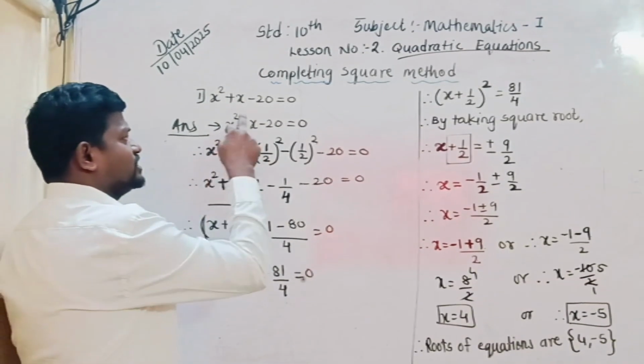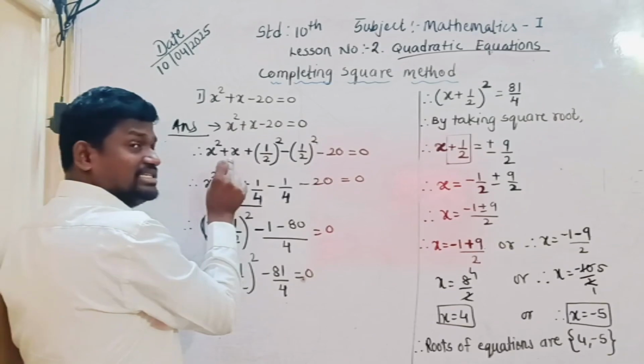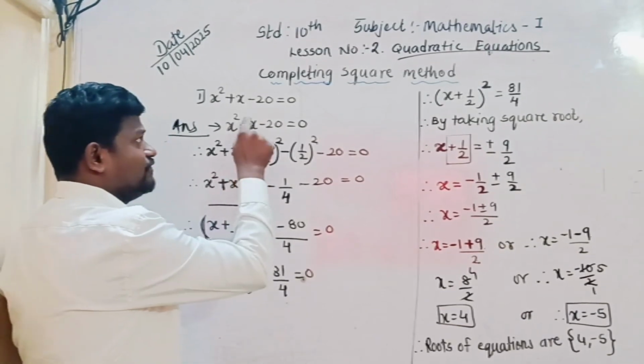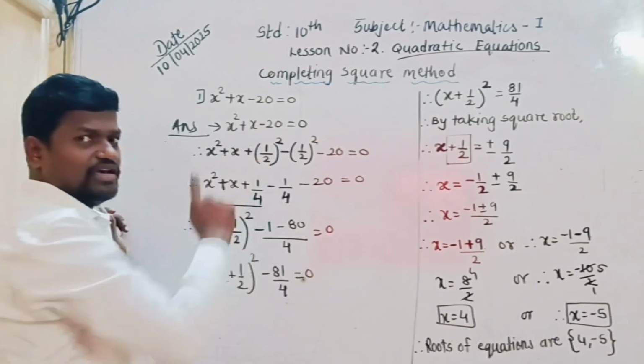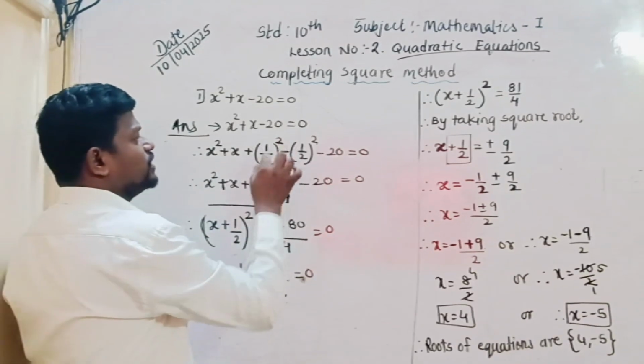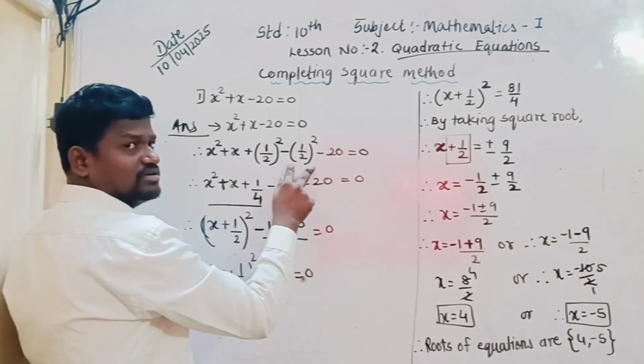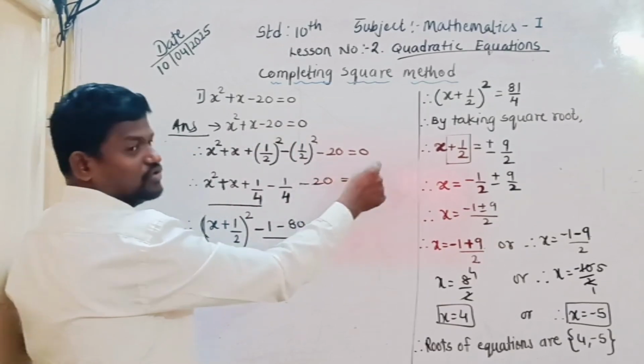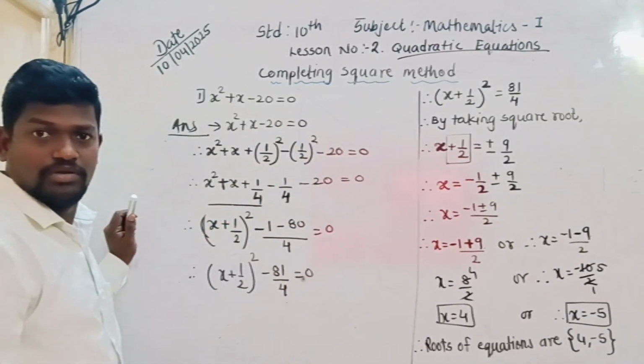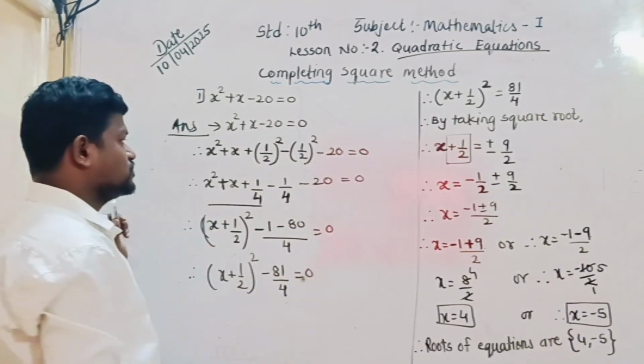So write down x square as it is, x as it is, then give a plus sign, and we find one coefficient here for x. So use 1/2 in a bracket squared again with minus, and then minus 20 equal to 0. Okay.